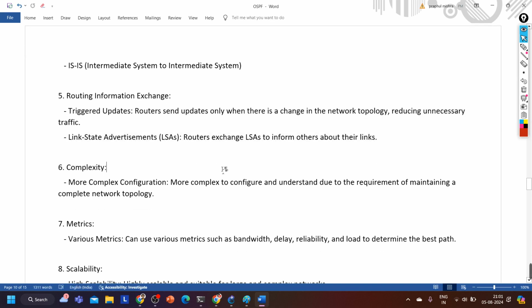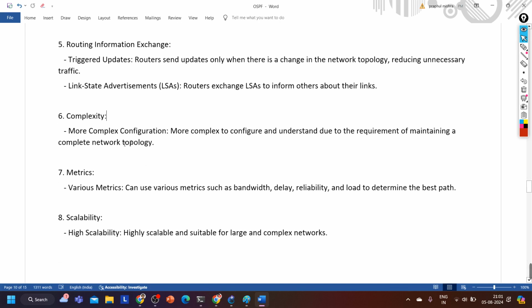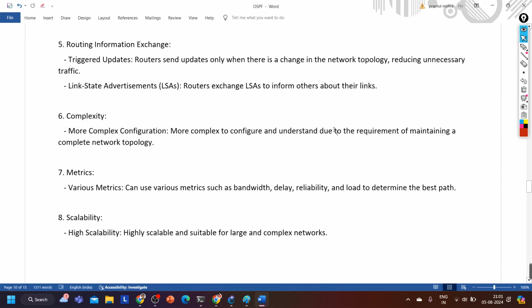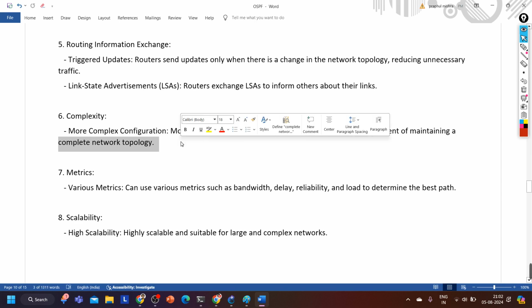Routers exchange LSAs to inform other routers about the link state. But link state routing protocol is more complex compared to distance vector routing protocol. More complex to configure and understand, due to the requirement of maintaining a complete network topology, as routers maintain complete information of their topology.